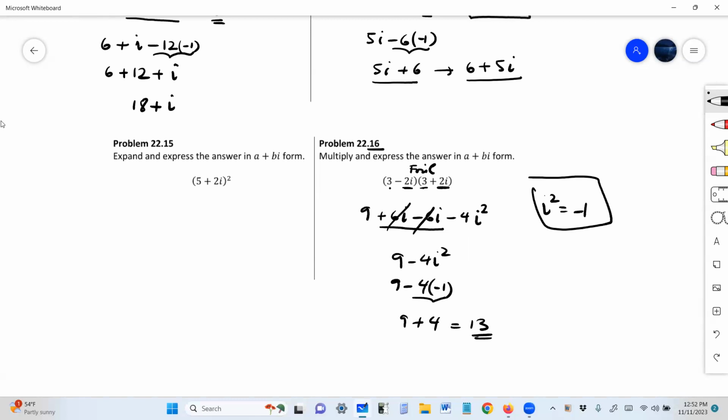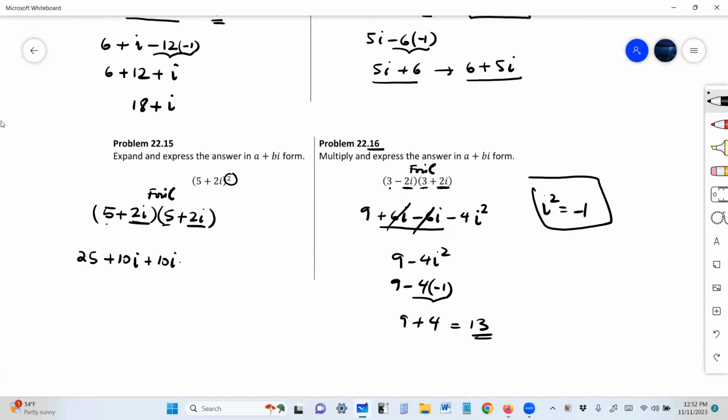The last case, if I only see one term with the square here, how do we do this? Well, you double up, right? 5 plus 2i, 5 plus 2i, twice. And then we FOIL. So 5 times 5, 25. 5 times 2i, 10i. 2i times 5, another 10i.